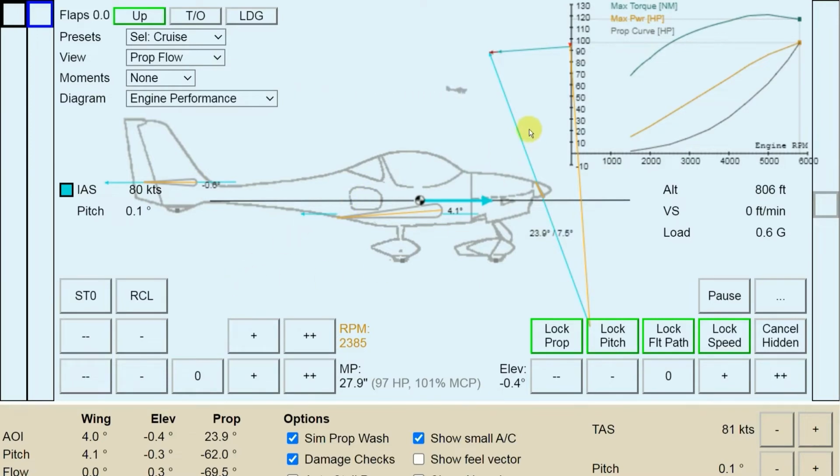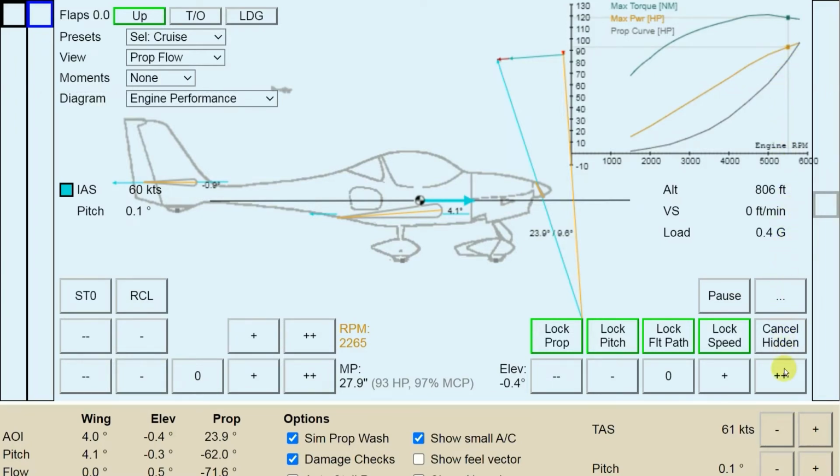Now, this change in direction caused an increase in angle of attack at the propeller blade. And that caused an increase in resistance against the airflow. Therefore, the propeller slowed down. Now please remember that we have seen earlier that the engine can't deliver full power if it's not running at maximum RPM. Therefore, the RPM drop also caused a power drop and the engine no longer produces full power.